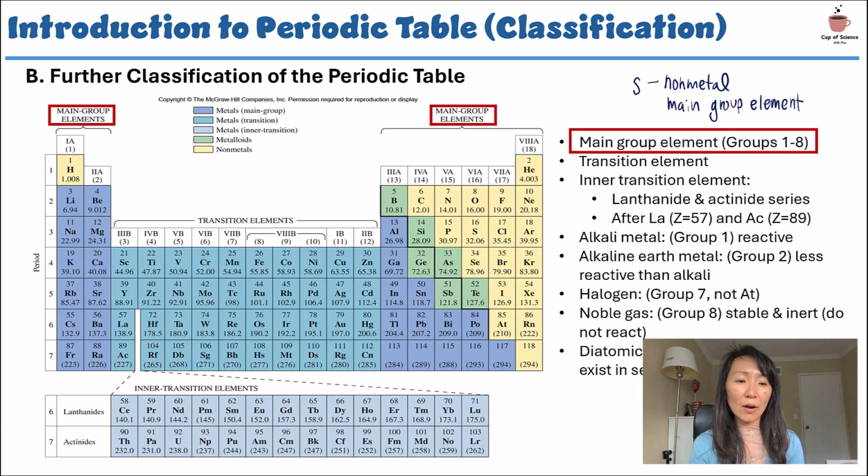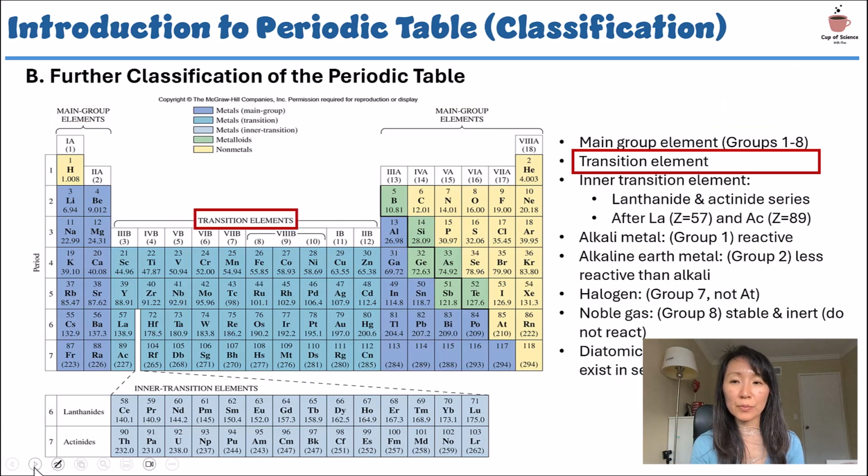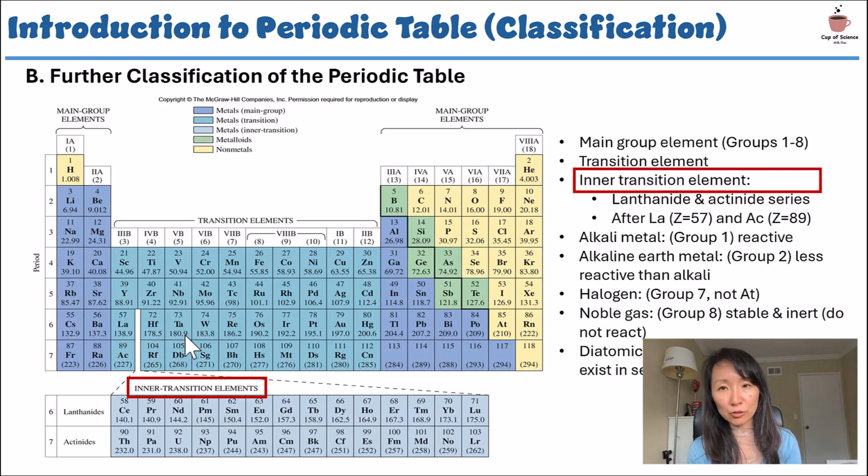Then we have our transition elements. Transition elements are all of the metals that are in this turquoise area, okay? And then also this bottom inner transition elements are included. The one on the very bottom is called the inner transition element.